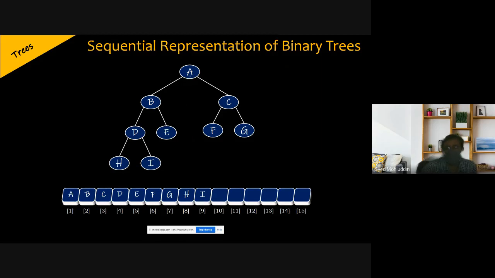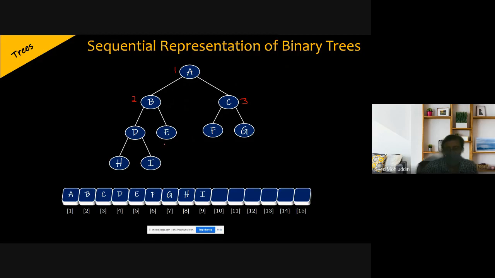So from top to bottom, we'll start with A, which we number as 1. In the next level, within the level from left to right, we'll number node B as 2, C as 3.